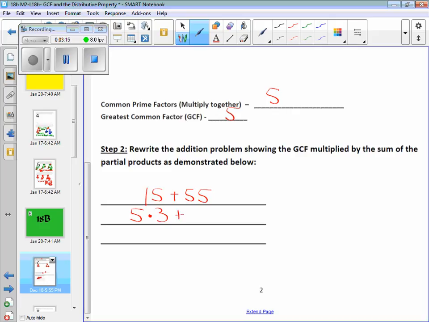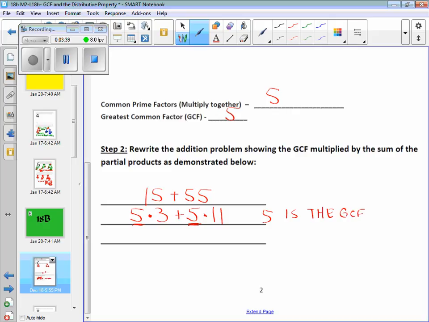I'm going to rewrite that same 5, because that 5 is my GCF. Times what makes 55? 11. I want you to underline these 5s because I want to make a note that 5 is the GCF, or greatest common factor.